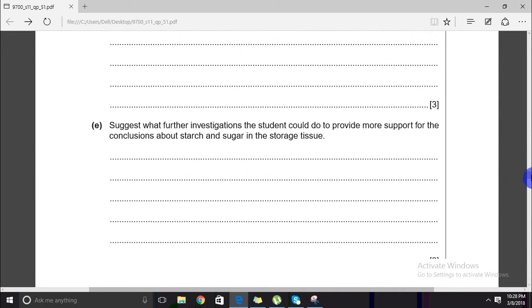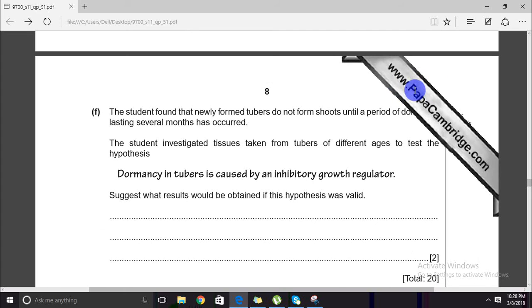Suggest what further investigations the student could do to provide more support for the conclusion about starch and sugar in the storage tissue. You could carry out the Benedict test, or you could carry out the iodine test, and their color changes will either confirm or reconfirm the conclusions.